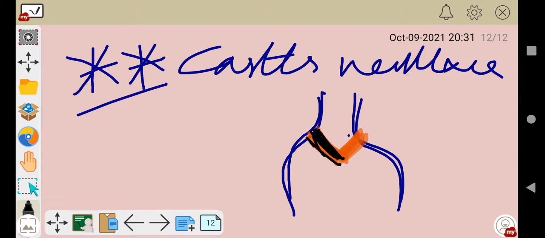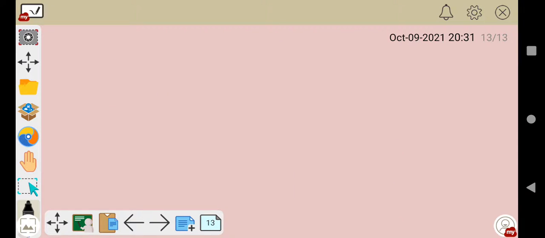This part will be black. Alright, so this is how Casal's necklace looks, right? I will show the image in my separate sessions. Okay, don't worry.